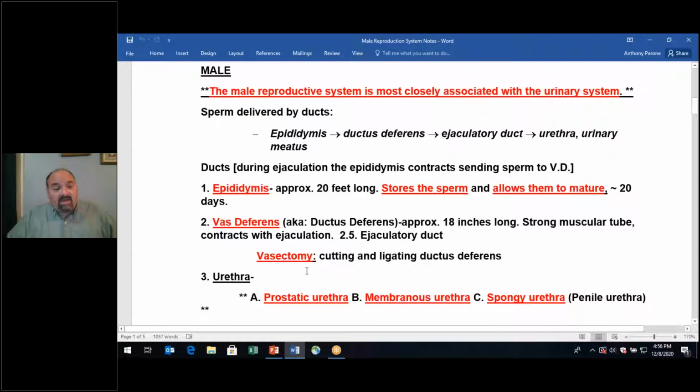And know that the male, even after a vasectomy, can still have an ejaculation. There just should not be any sperm present, any viable sperm present within the ejaculate, because the ejaculate will be produced by those accessory structures as far as the bulbourethral gland, seminal vesicles, and the prostate gland.